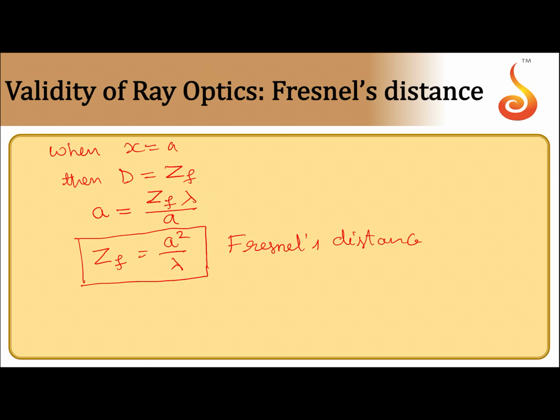The importance of this is, if d is less than ZF, then the broadening, the spreading of the beam due to diffraction, can be neglected. So the diffraction effect can be neglected, and ray optics is valid.